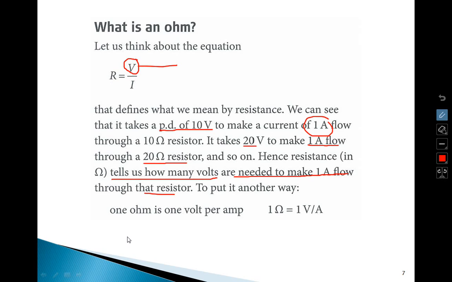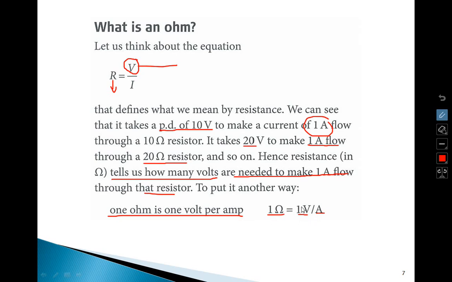So we can put it another way: 1 ohm of R, because R is measured in ohms. So 1 ohm is 1 volt per 1 ampere. 1 ohm is equal to 1 volt to make 1 ampere flow. So this equation can tell us what an ohm is.